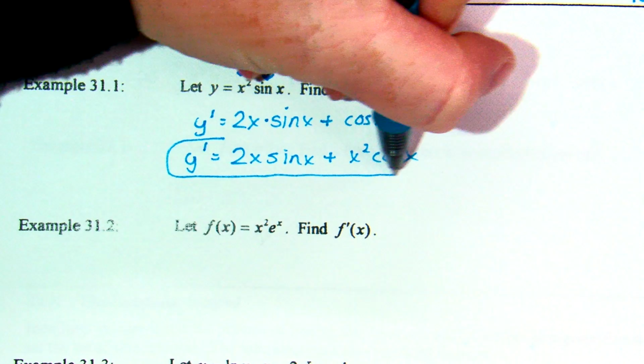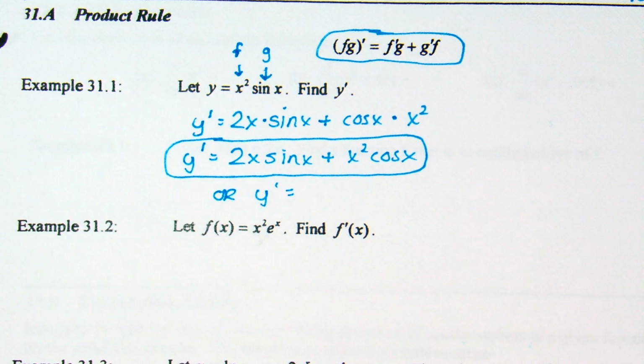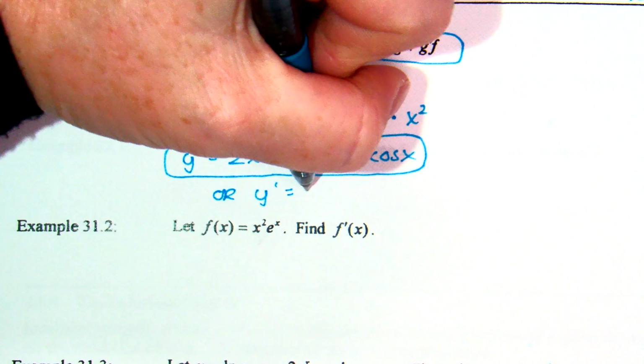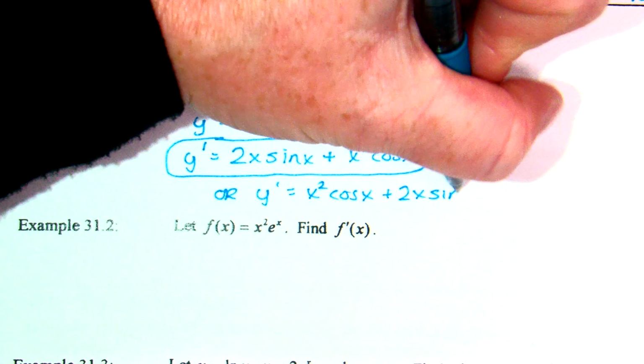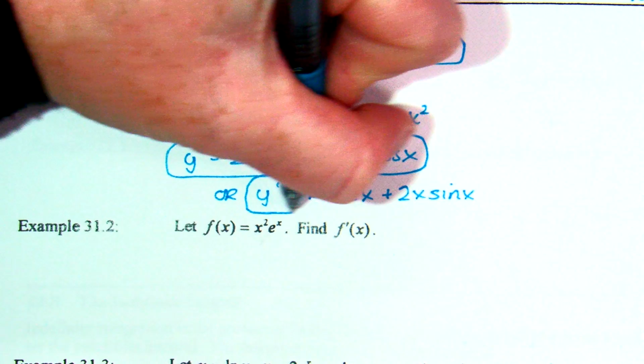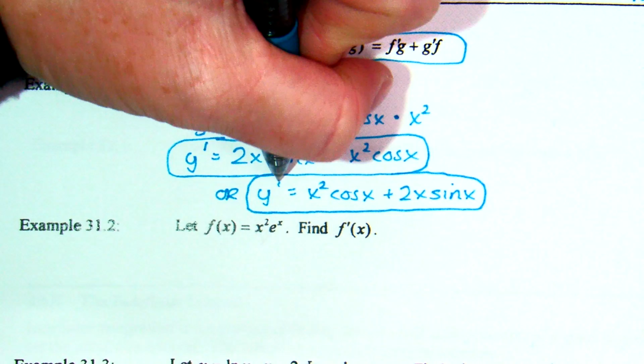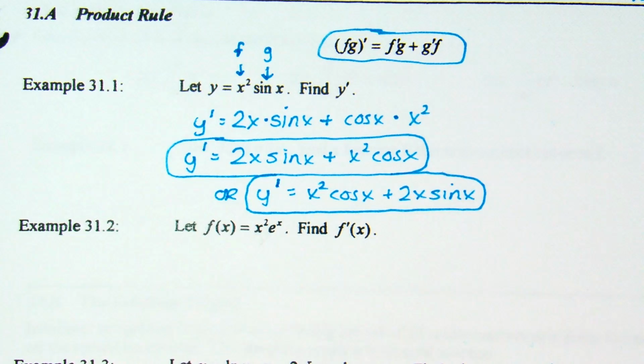The other option, and I won't always write this, but I'm going to on the first time. Does it matter what order I add in? No. So the other option is I could say that this is x squared cosine x plus 2x sine x. And I write that down just to point out that when you have 2 pieces multiplied, does it matter which piece you take the derivative of the first time through?